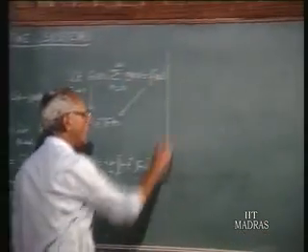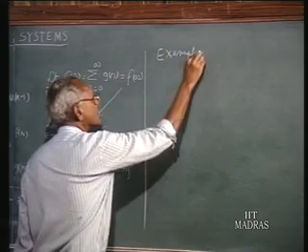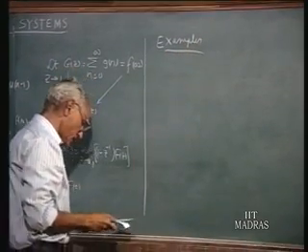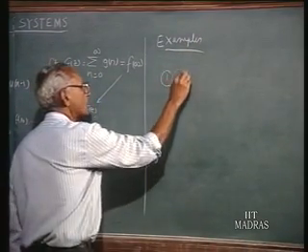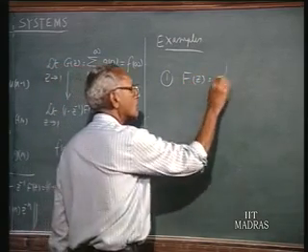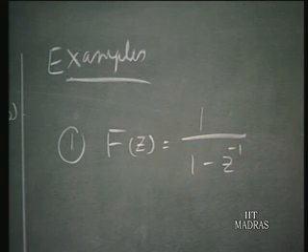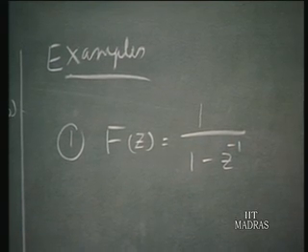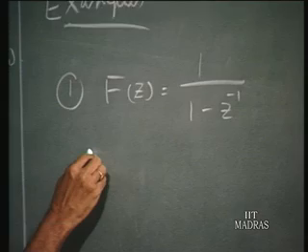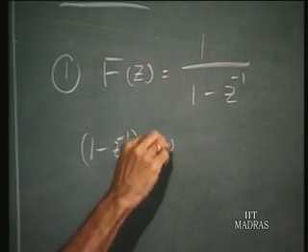Examples. Let us take first one example. Suppose we are given f of z equals 1 over z minus 1. Then 1 minus z power minus 1 times f of z equals 1.